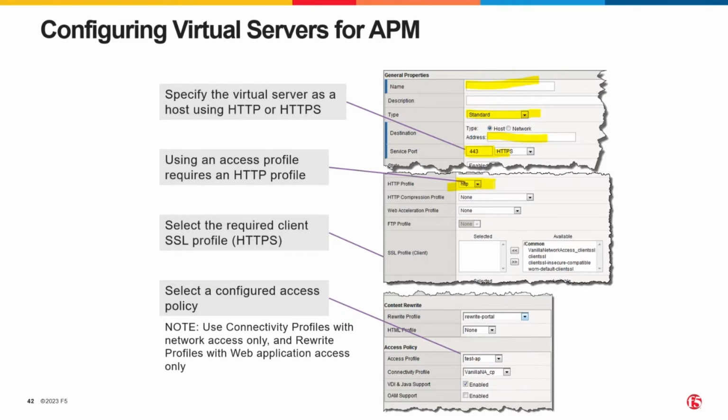We should assign an HTTP profile because Access Policy Manager works by default at layer 7. So even if we talk about SSL VPN tunnel, full tunnel, we have to assign this HTTP profile to our virtual server. Then we should use a client SSL profile because we need to encrypt the traffic.